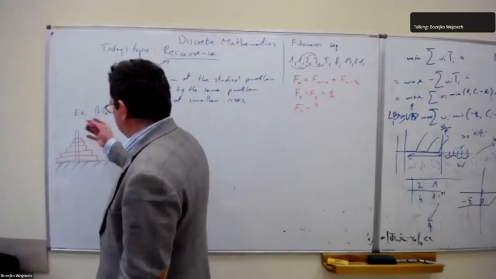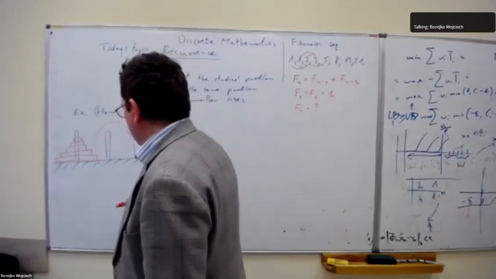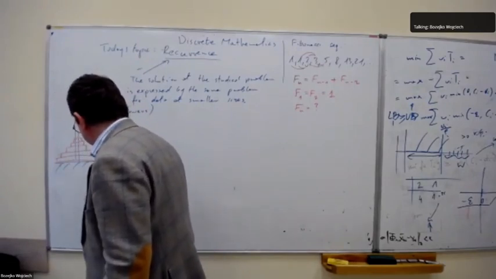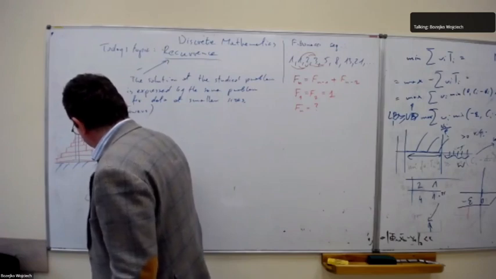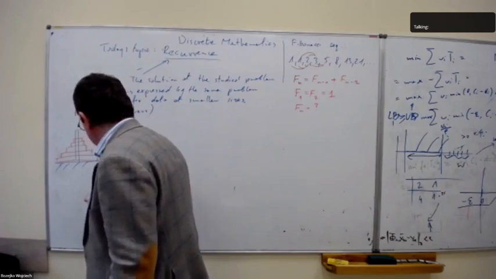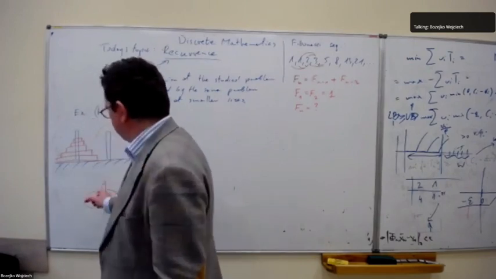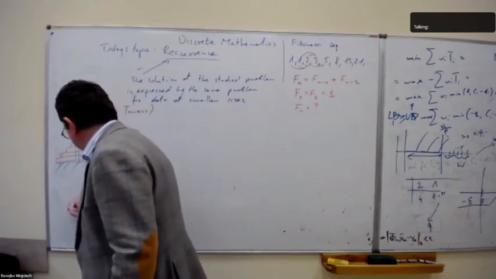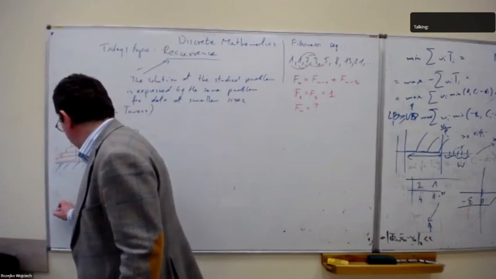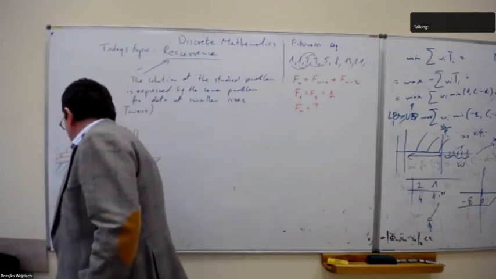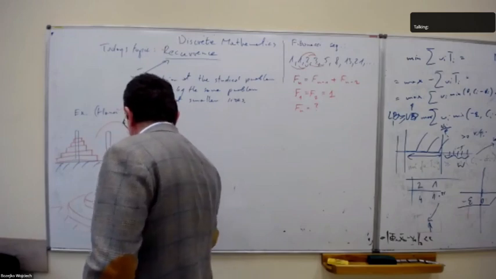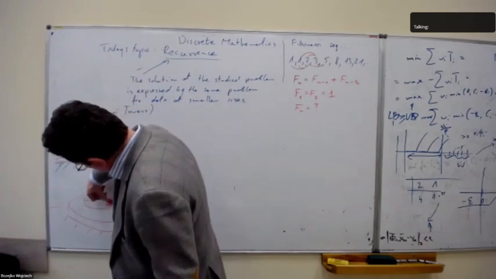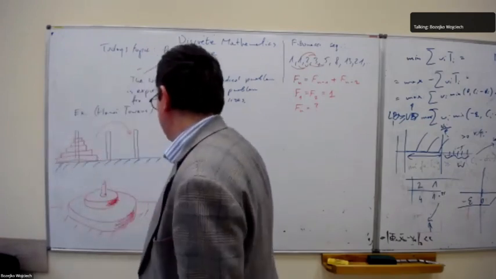So this is the two-dimensional view. Maybe I can draw it in three dimensions. It would be something like this. This is a smaller one, and somewhere here we have this bigger one, and somewhere here is just the ground.